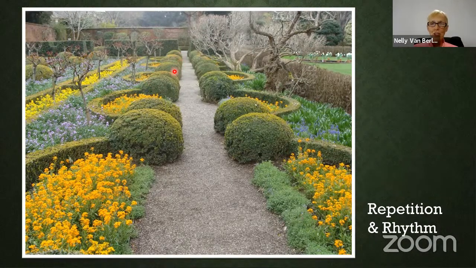So that's where you start to get into a rhythm where your mind starts to anticipate, to expect the next repetition. So there's a rhythm there. And they've repeated the plant matter, they've repeated the shapes, the color, the lines. So you can see how that unifies a garden by making things similar and familiar.